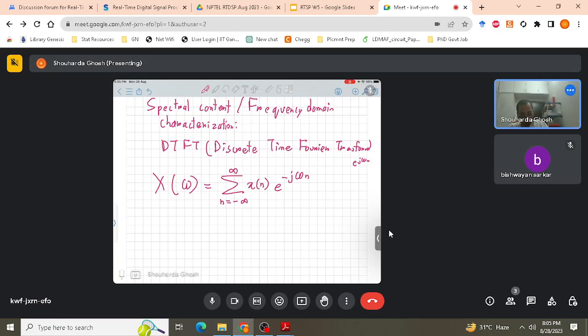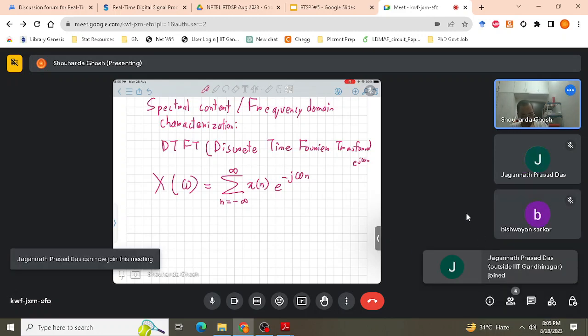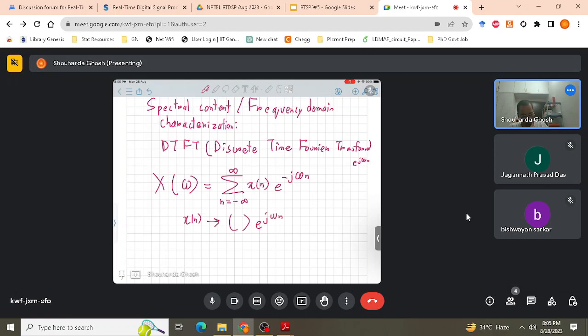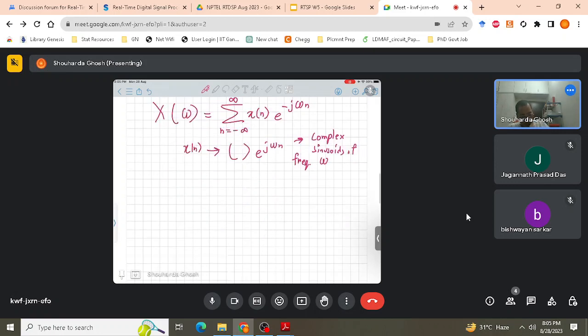What it says is that this signal x of n can be written as a summation of various complex sinusoids of frequency omega.